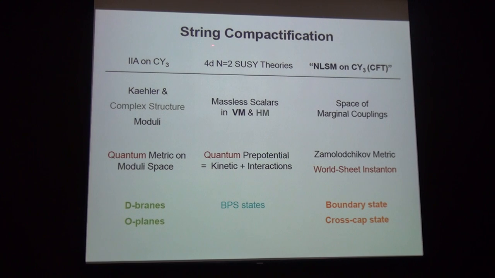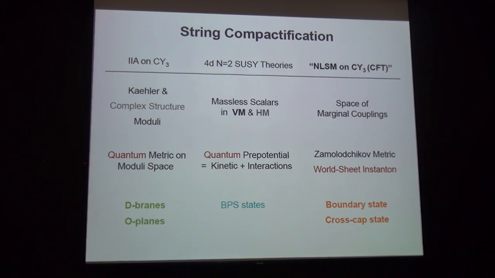described by 4D N=2 supersymmetric theories. And we can also study this 4-dimensional physics from the worldsheet point of view, which is a nonlinear sigma model whose target space is this Calabi-Yau manifold, which is a conformal field theory. In this Calabi-Yau space, we have the so-called Kähler and complex structure moduli spaces, which will determine the size and the shape of the given Calabi-Yau manifold.